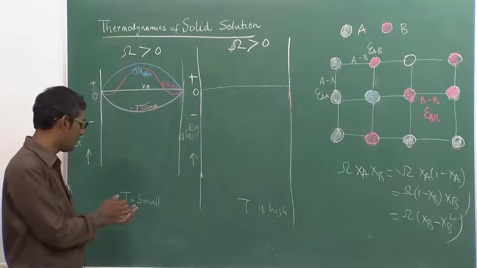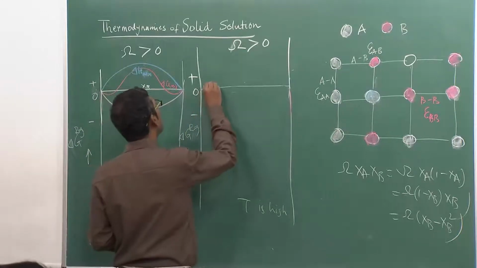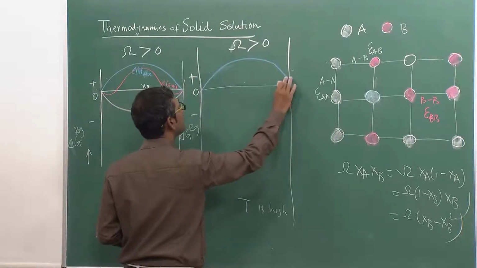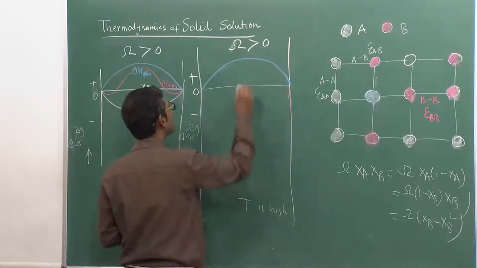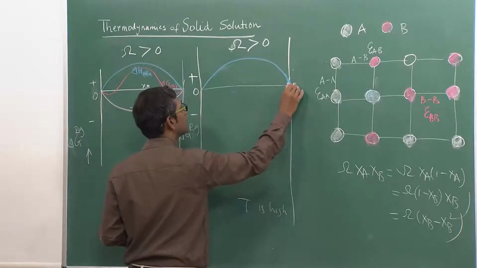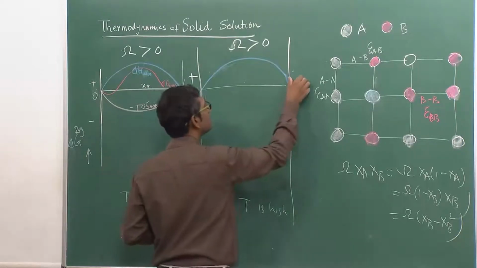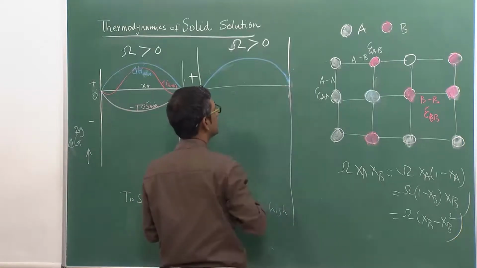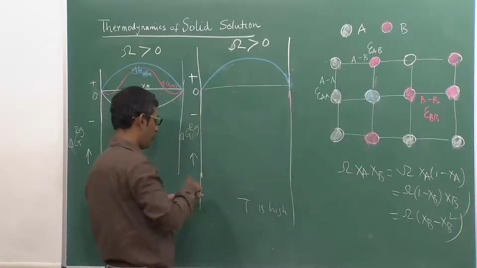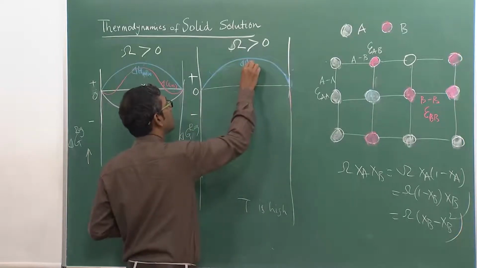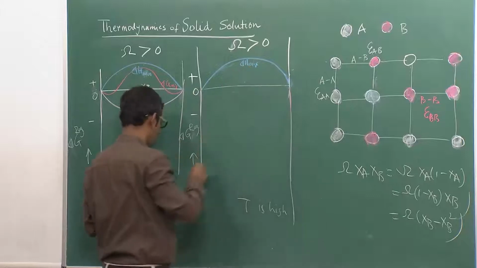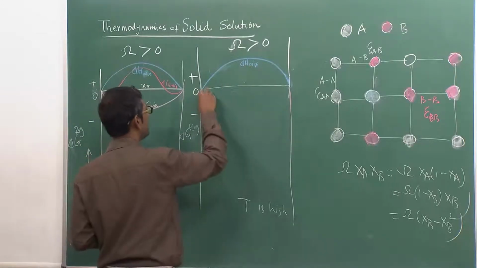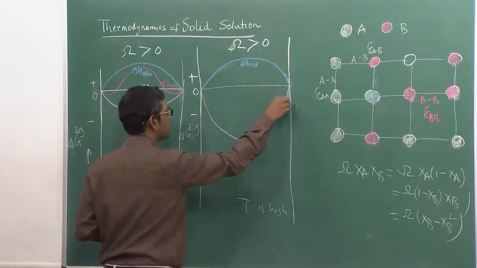So, delta H mix will remain almost similar, it may change a little bit. So, that is my delta H mix, and the entropic term, as I said, will increase because of temperature. So, this will go down much further.